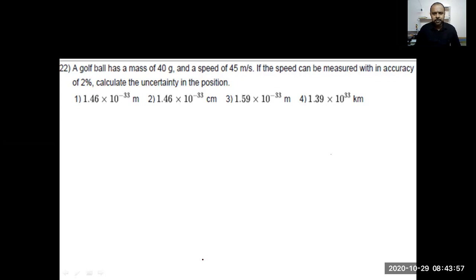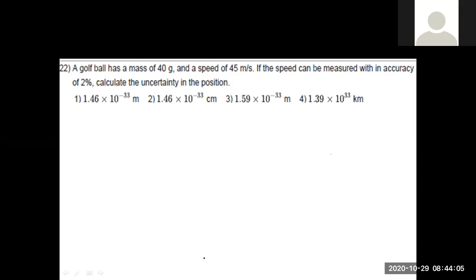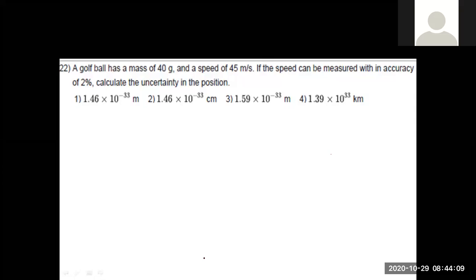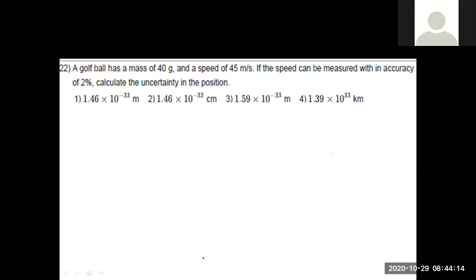Use the Heisenberg uncertainty principle. Delta P is nothing but momentum uncertainty. Sir, option 1, sir. 10 raised to minus 33 meter. Okay, how about the remaining?